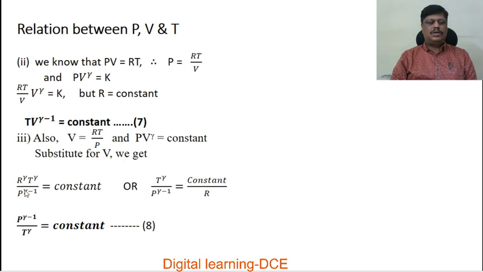So R to the power of gamma, T to the power of gamma, and here P is there. Take P to the power of gamma to the denominator with P to the power of 1. So P to the power of gamma minus 1 is equal to constant, or T to the power of gamma over P to the power of gamma minus 1 is equal to constant by R to the power of gamma, since R is a constant.